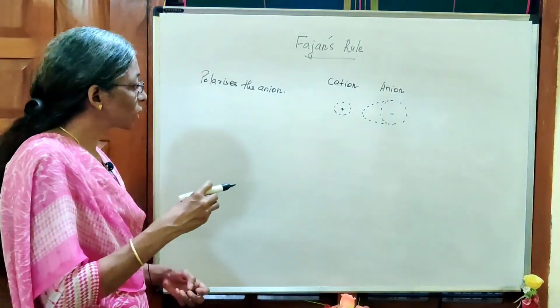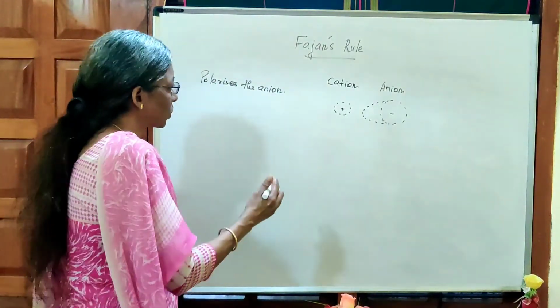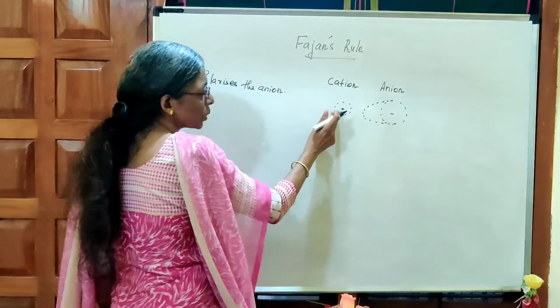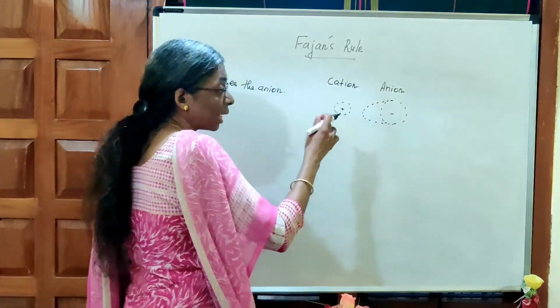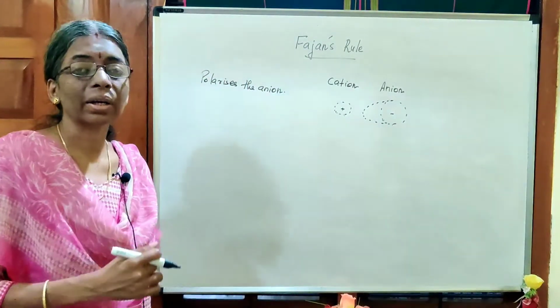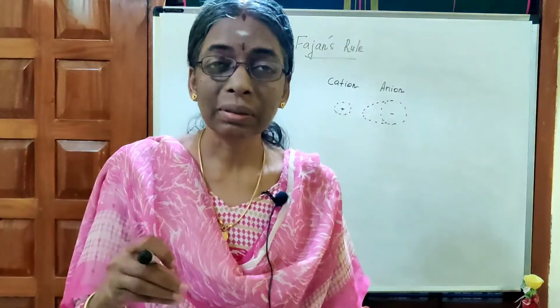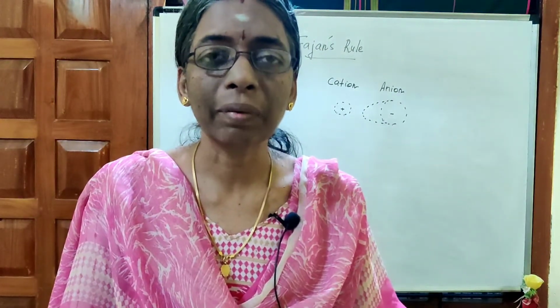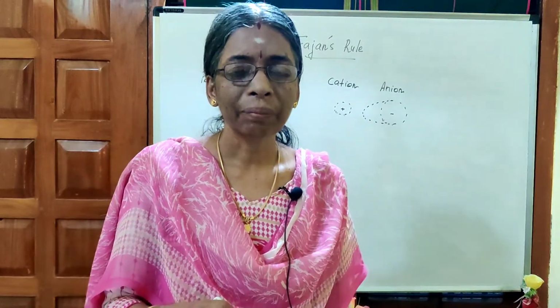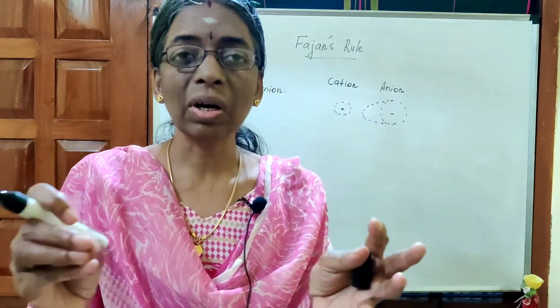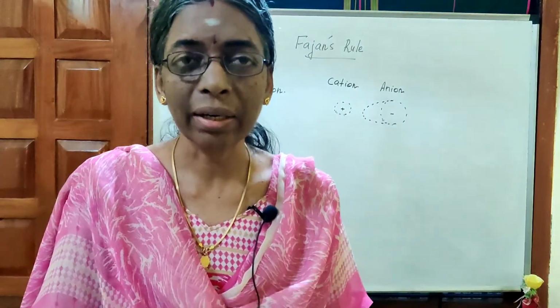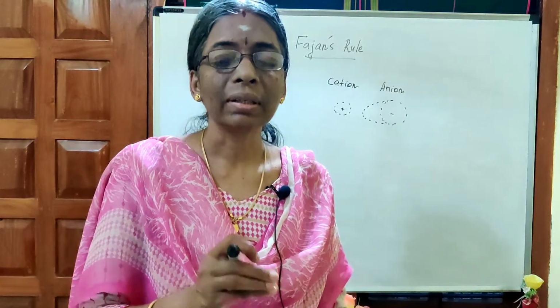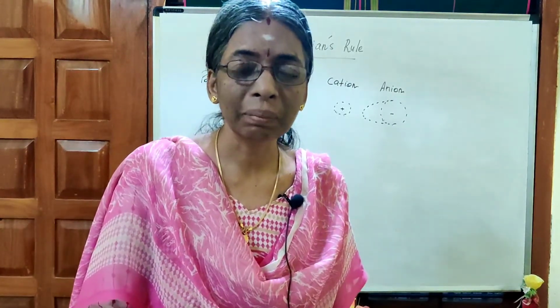So it is called distorted. The cation tries to distort the electron cloud of the anion. This property is called polarizing power. What is polarizing power? The tendency of the cation to distort the electron cloud of the anion towards itself.